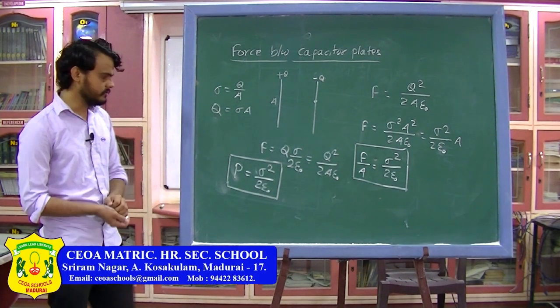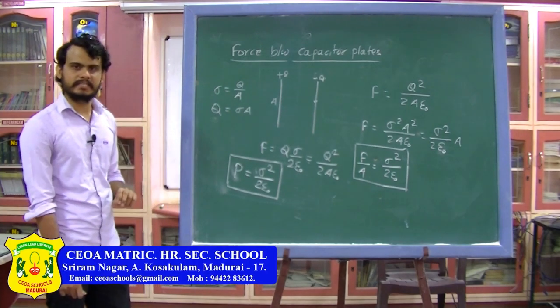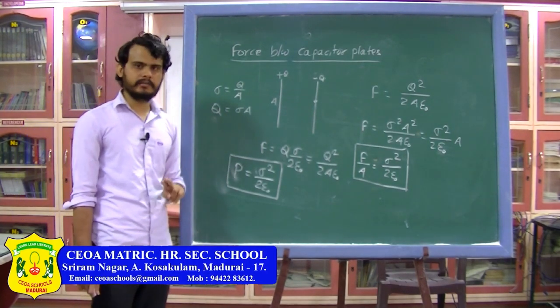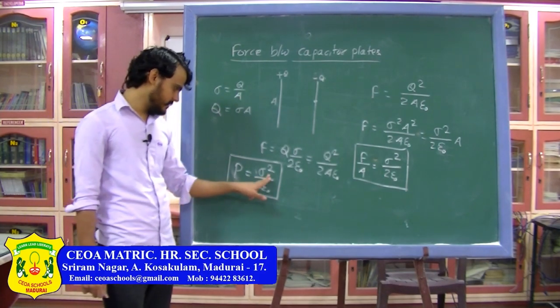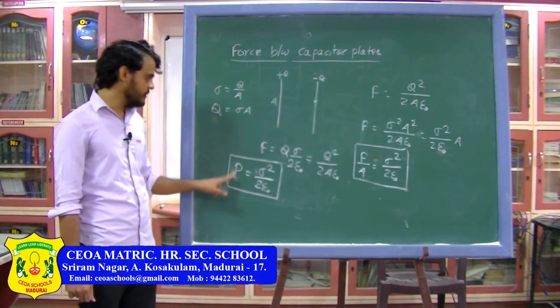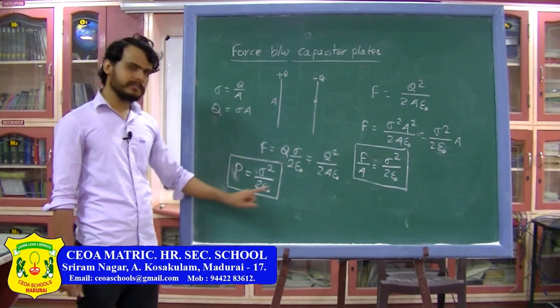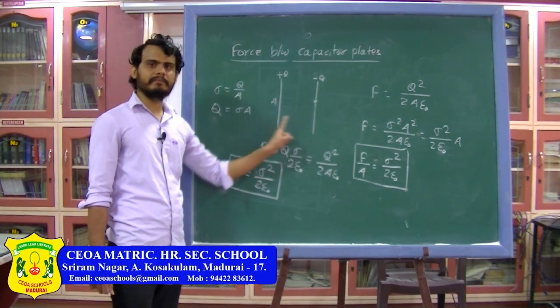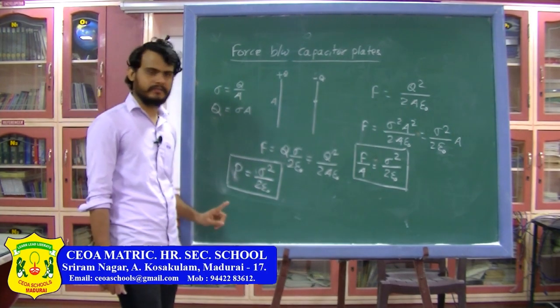We have seen this formula earlier also; it was the formula for energy density. So energy density and electrostatic pressure both have the same formula. Sigma square by 2 epsilon naught is the electrostatic pressure on this plate, and it is also the energy density between the plates, but the quantities are different. The formula is the same, but the quantities are different. You have to remember this.